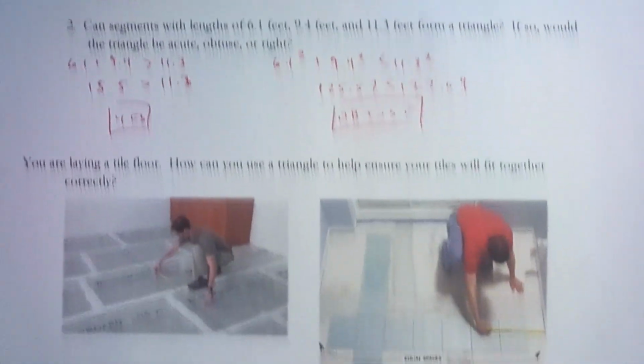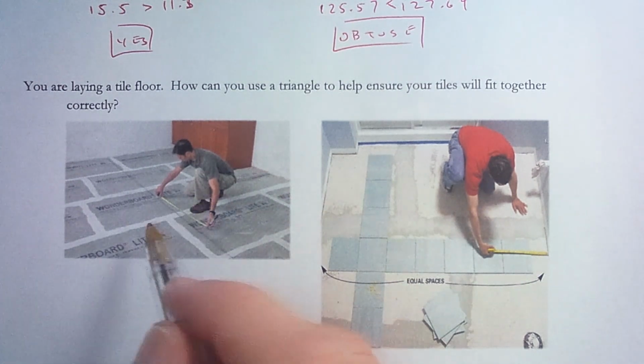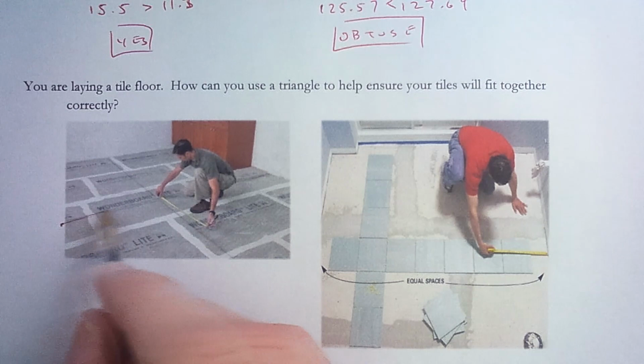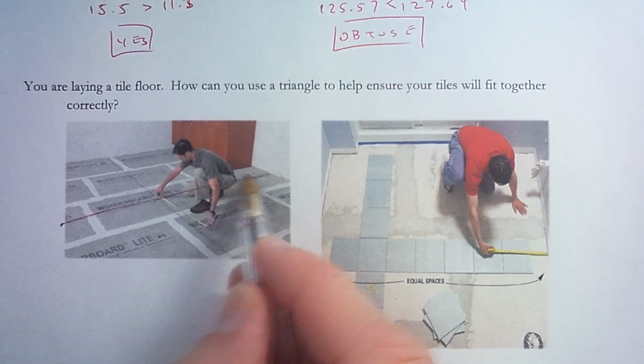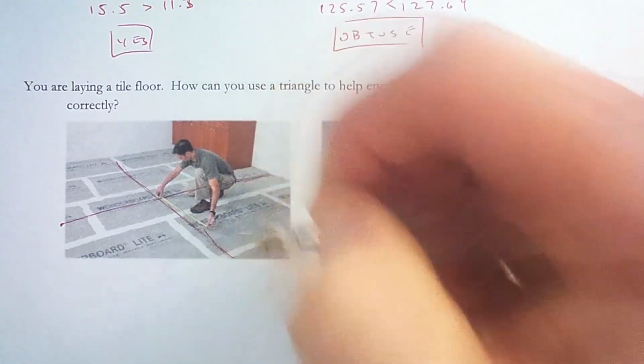Okay, so the converse of the Pythagorean theorem has some good real-world applications. One of them is for simply laying a tile floor. How can you use a triangle to help ensure your tiles will fit together correctly? Okay, so this may not be easy to see, but right here, there's a line across this floor, and there's a line this way as well.